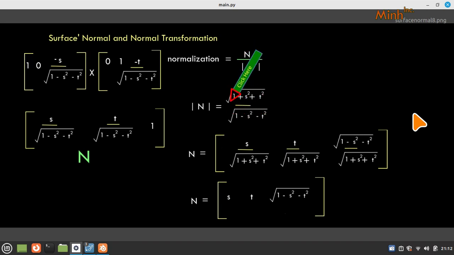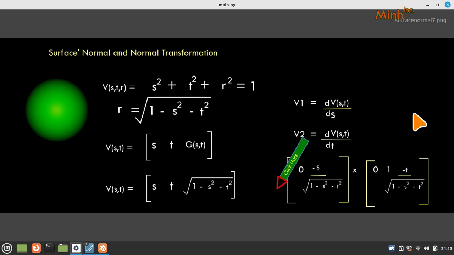Now we have to divide n by magnitude. That would lead to s by this, t by this, and then 1 minus s square minus t square this. If I see only the direction, it will come as s, t and g(s,t). So finally we are getting the normal at any point s, t and g(s,t).